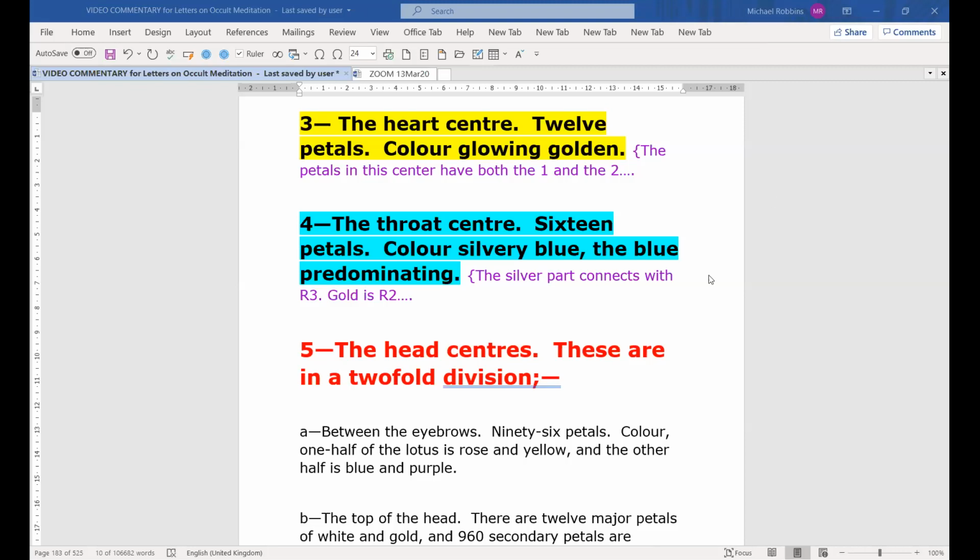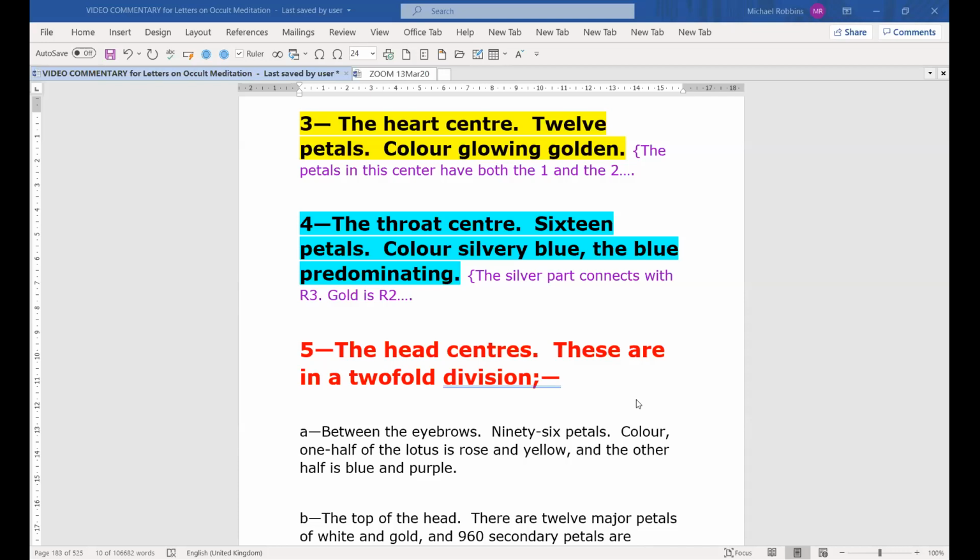Just want to make sure we're doing this correctly. Okay, so between the eyebrows, 96 petals. And I think, probably a 4-fold division, each division being 24. 24 being the number of Shambhala, 24 being describing the monadic nature, I think, of our solar logos, of 2 and 4, 4 leading to 2.